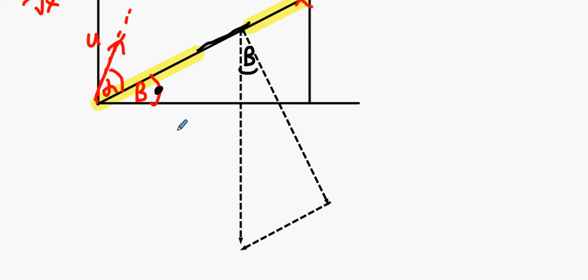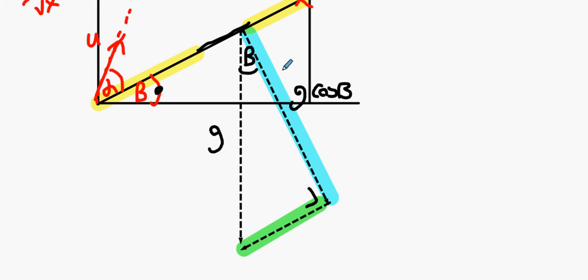Now, if this is gravity, and this is also a 90-degree triangle, can anybody tell me what is the value of the blue side? And following the blue side, I want you to tell me the value of the green side. Connor. It is g cos B. This is the adjacent side. Does that make sense?